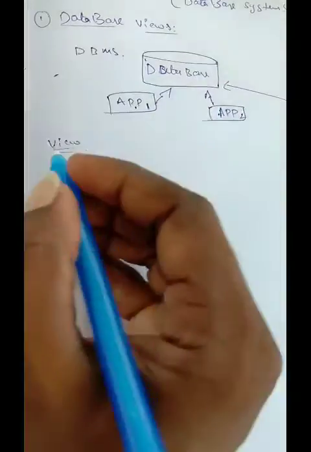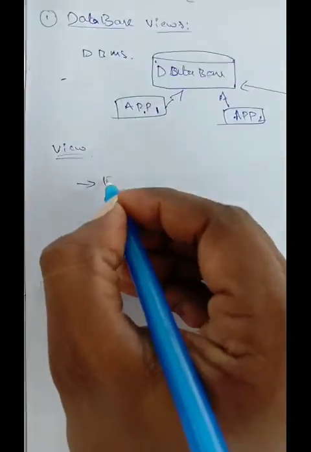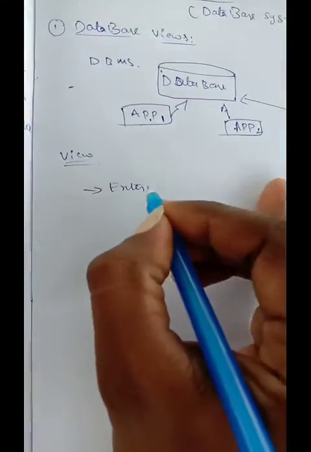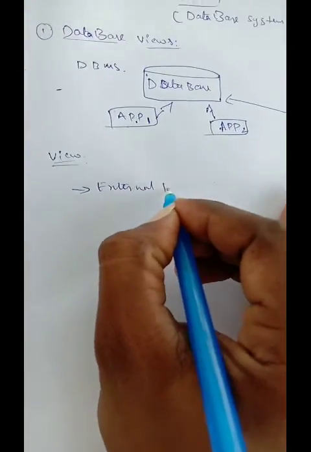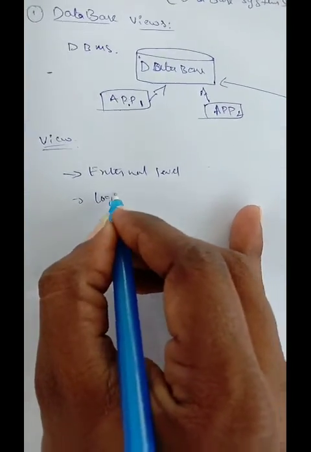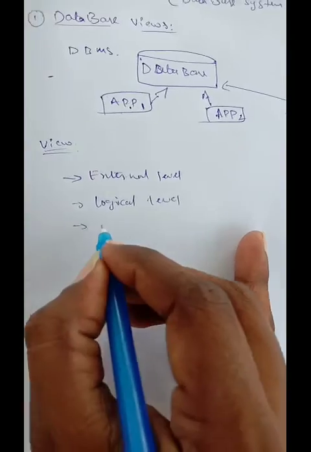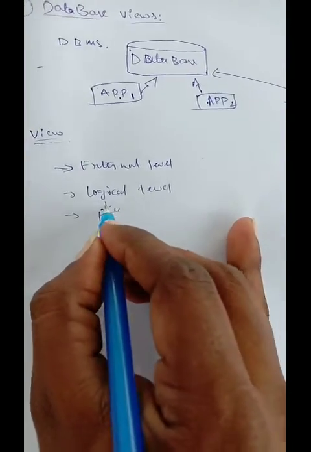Those three levels are the external level, logical level, and physical or internal level.